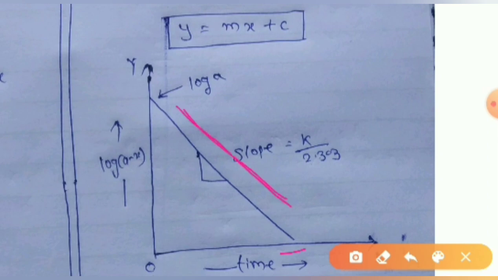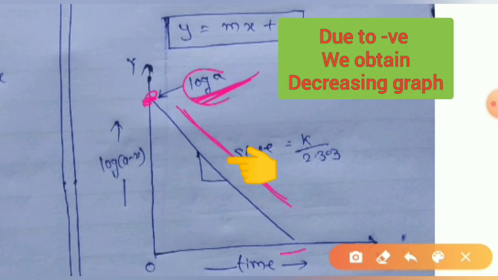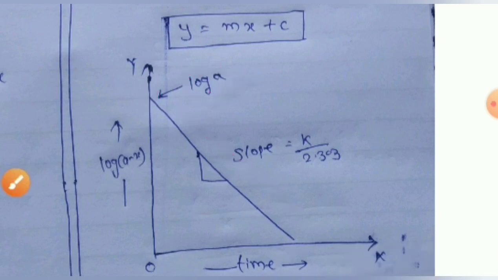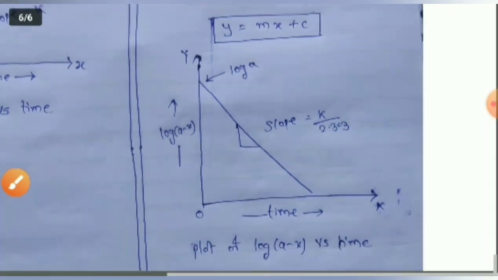This line intersects somewhere on the y-axis, and that intersection is nothing but the constant c, that is log of a. Here also, if you put the value of x as 0, you will get log of a on the y-axis, that is the intersection. The slope of such a graph is k upon 2.303. So this is a graphical representation of a first order reaction.